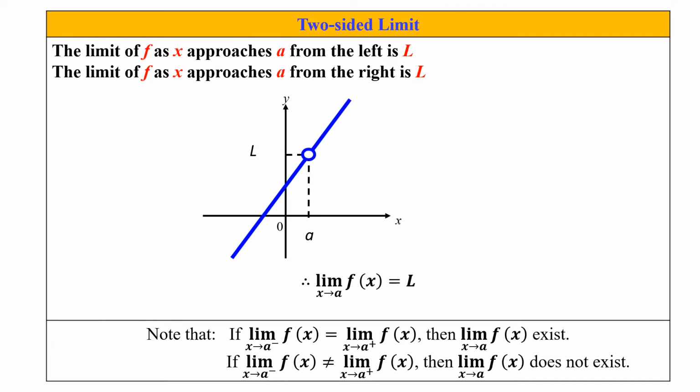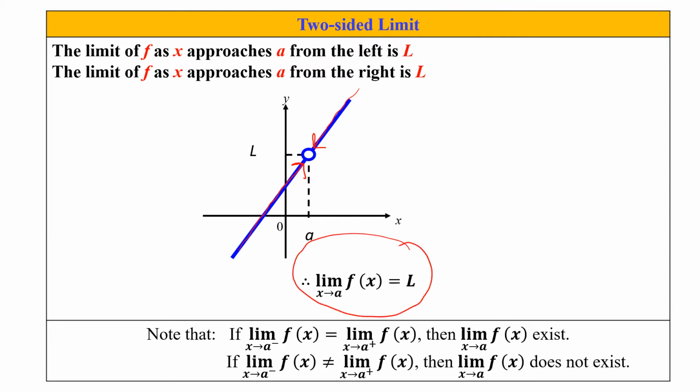Based on the graph, when x approaches a from the left, we can see that f(x) approaches L. And when x approaches a from the right, f(x) also approaches L. Therefore, we can conclude that the limit as x approaches a of f(x) is equal to L.